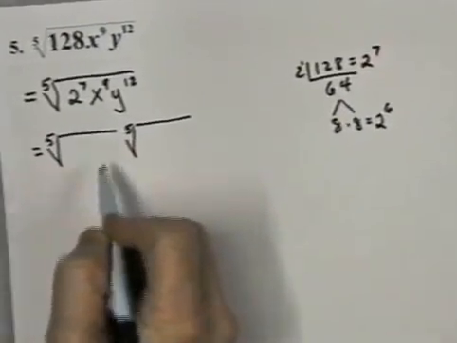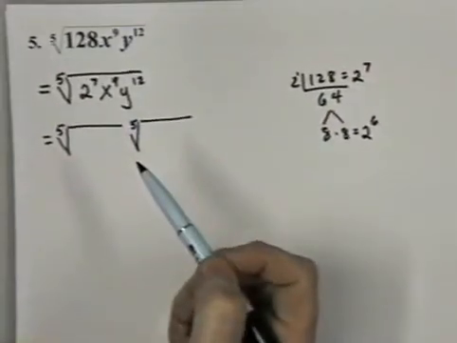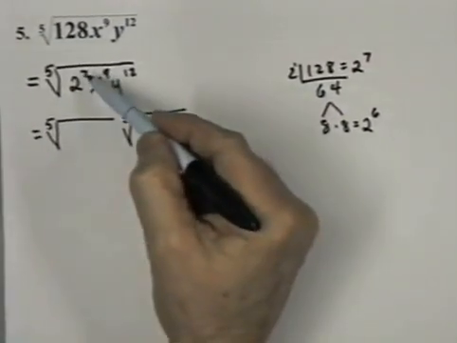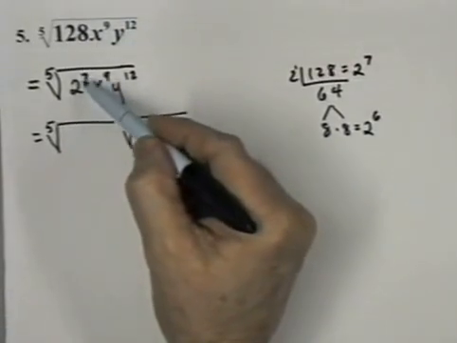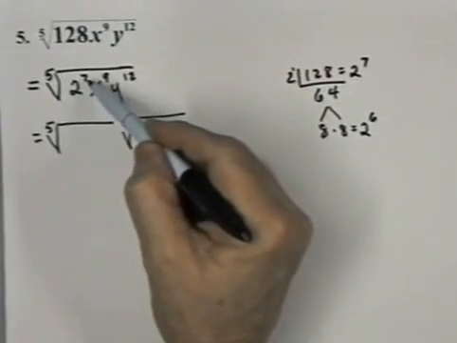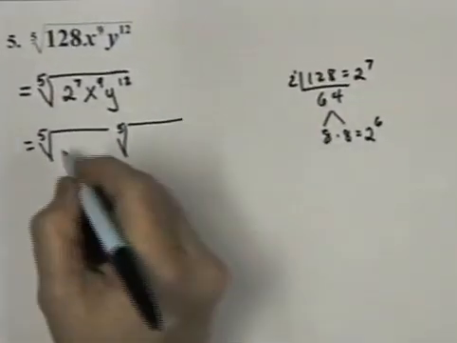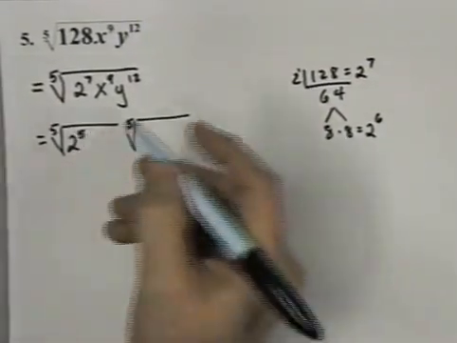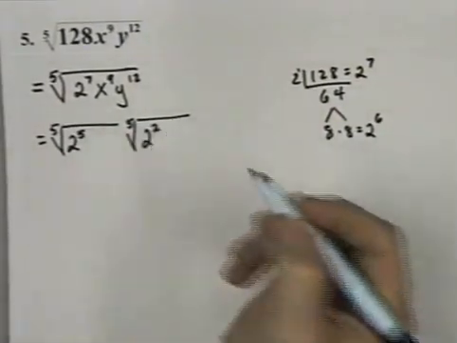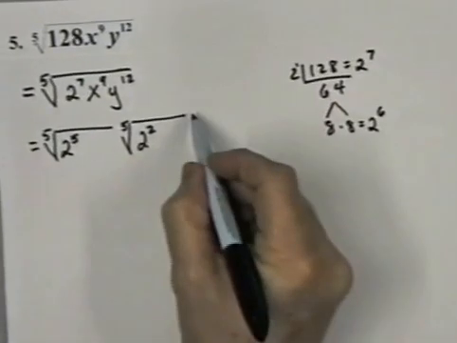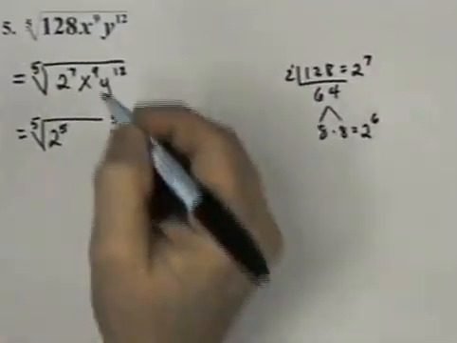And in the first radical, I want only perfect fifth powers. Well, that means I want exponents that are multiples of 5. The biggest one that's a multiple of 5 that's less than 7 would be just 2 to the 5. So that would leave me 2 squared to put over in the second radical.